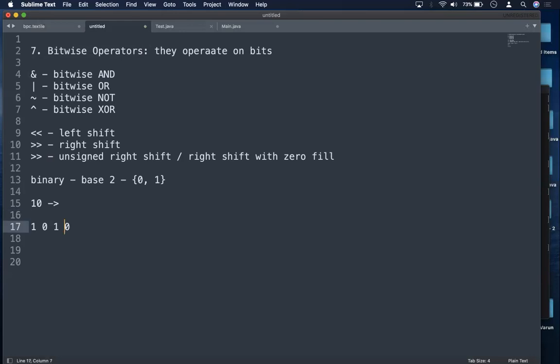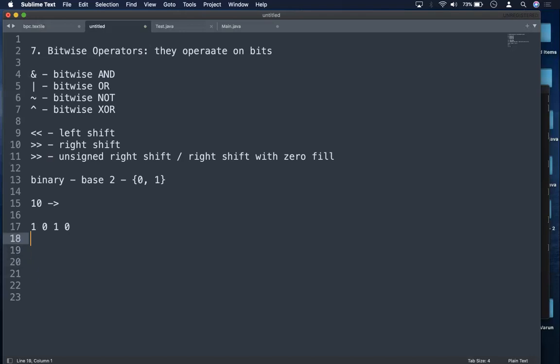So you should know the powers of 2. At least 2 power 10 you should be knowing, so that you can represent any number. Okay, so 2 power 10 is 1024. So any number between 0 and 1024 you can represent straight away.